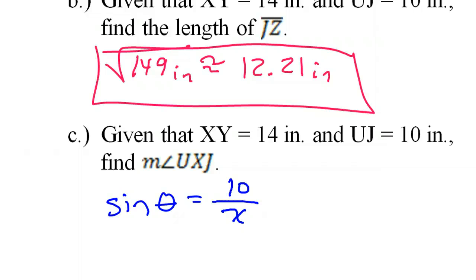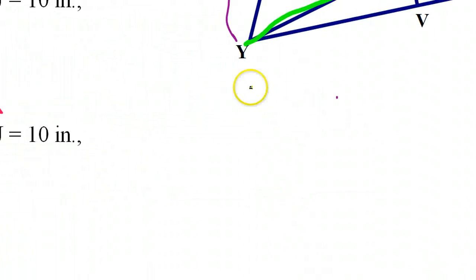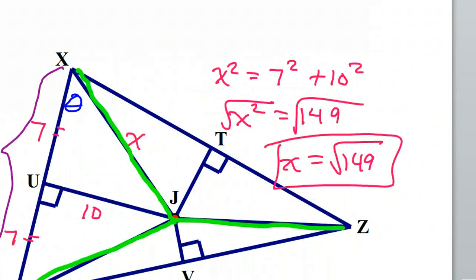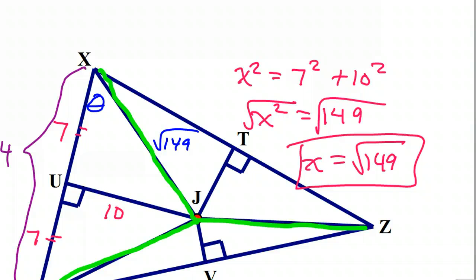Oh wait, that's too many variables. I guess I will have to use the x that I just found. We found that x was the square root of 149. Notice I'm not doing the decimal form. I want all of the accuracy I can get. So instead of 10 over x, I'll say 10 over the square root of 149.